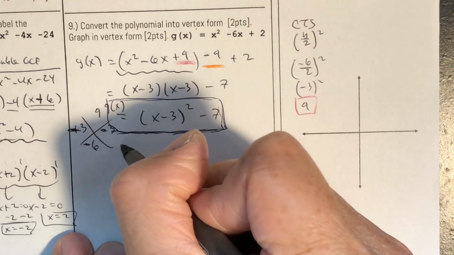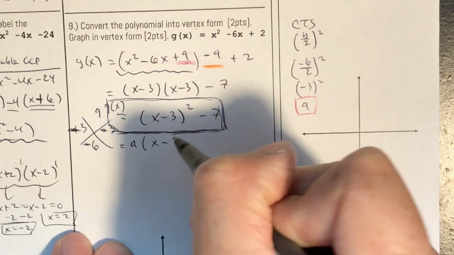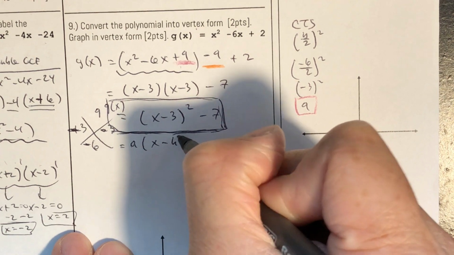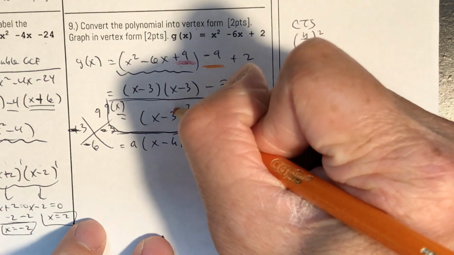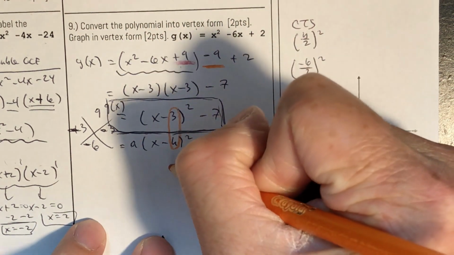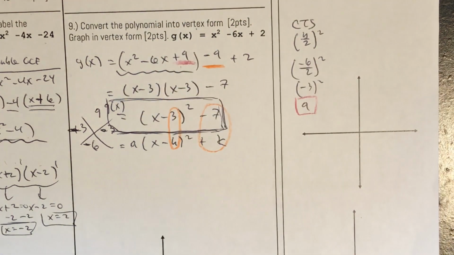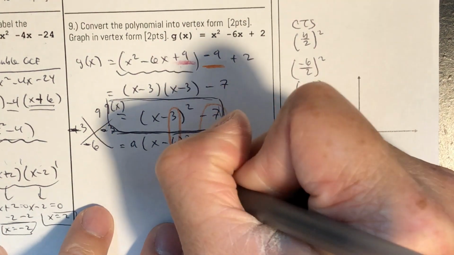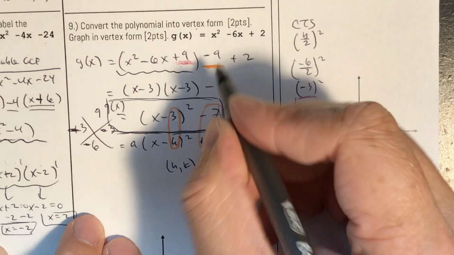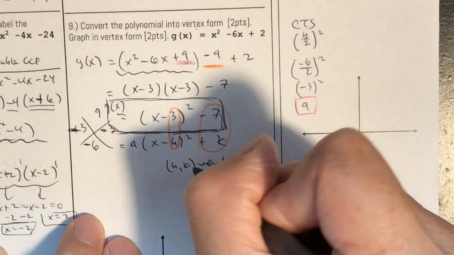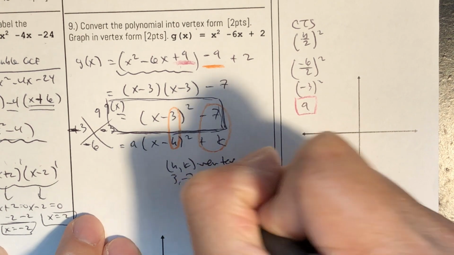Now, the vertex form for quadratics is a times x minus h squared plus k. And our h value is 3, and our k value is -7. So that is our vertex. H comma k is the vertex, and that is 3, -7.